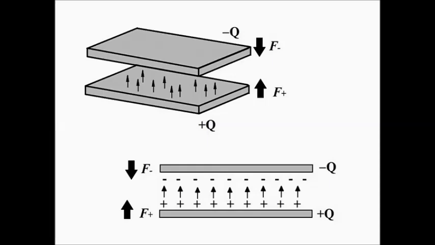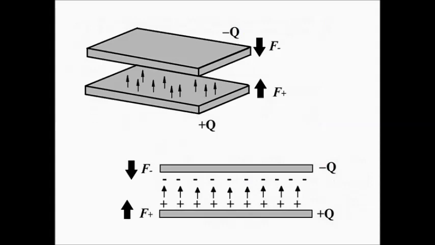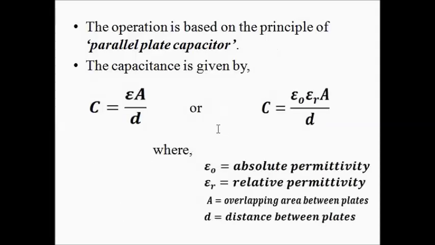Now mechanical to electrical. So the mechanical to electrical can be understood by the principle of parallel plate capacitor. Okay, so the capacitance of a parallel plate capacitor is given by epsilon A by D, where epsilon is the permittivity, A is the overlapping area between the two plates, and D is the distance between the two plates.